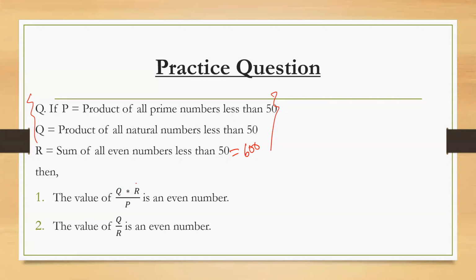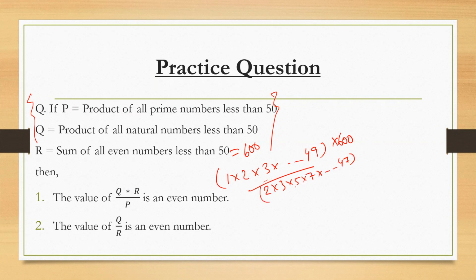First statement is saying Q into R by P. Q is the product of all natural numbers, 1 into 2 into 3 till 49. R we know is 600. Divide by P, the product of all prime numbers, 2 into 3 into 5 into 7 till 47.